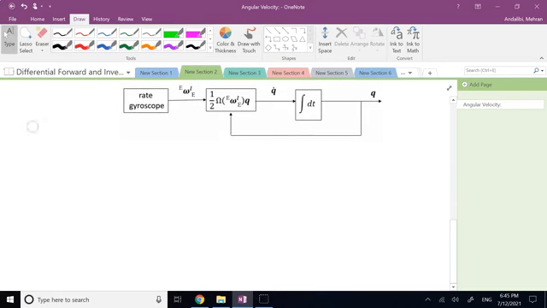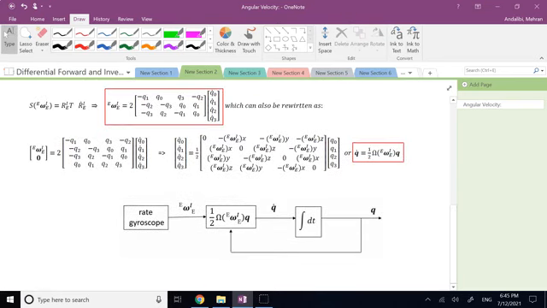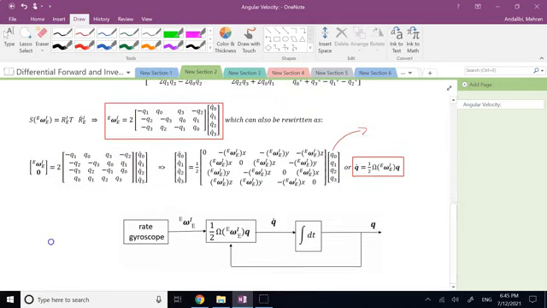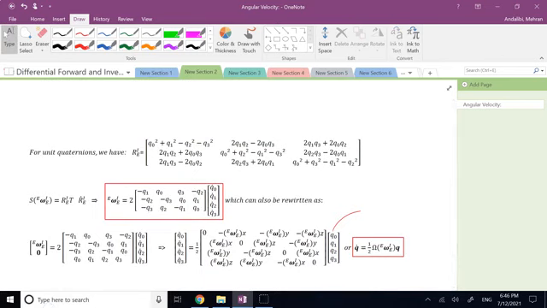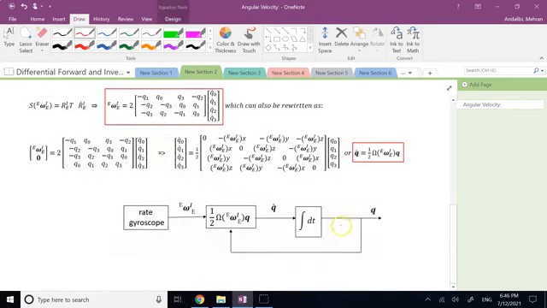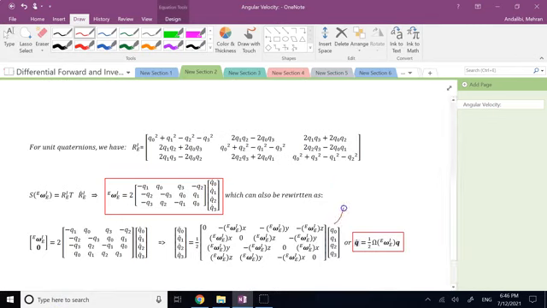And quaternions mean rotation. Each quaternion can always mean a rotation matrix for you. So whenever I know my quaternion, I can exactly find my rotation with respect to, let's say, the inertial frame, the Earth, or whatever you consider inertial here.